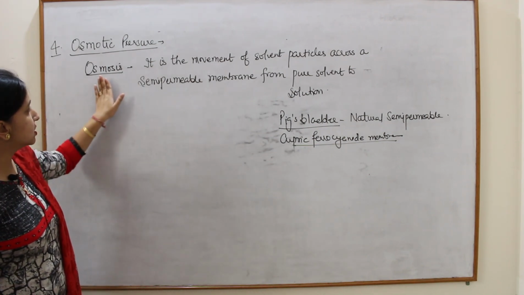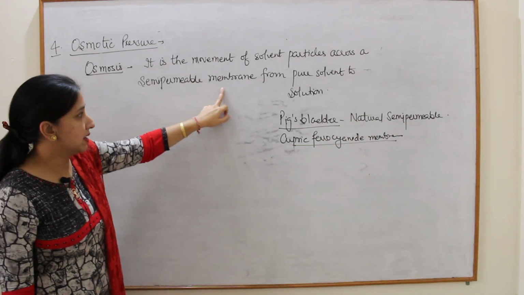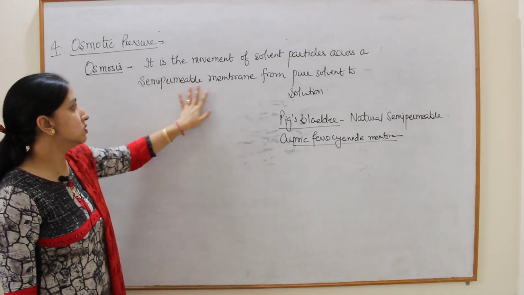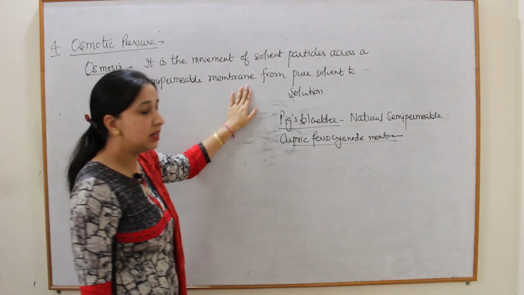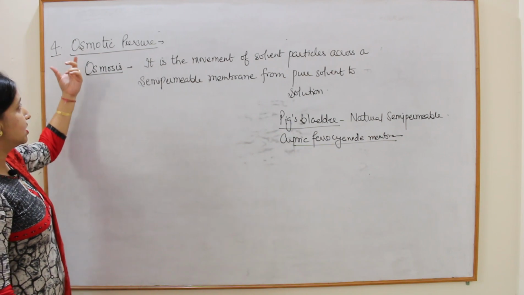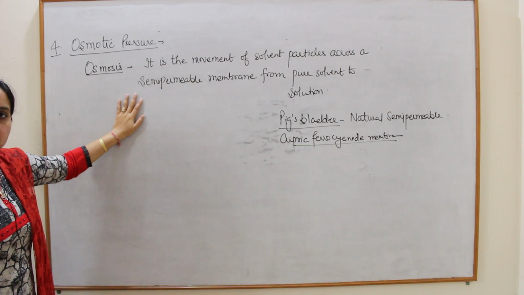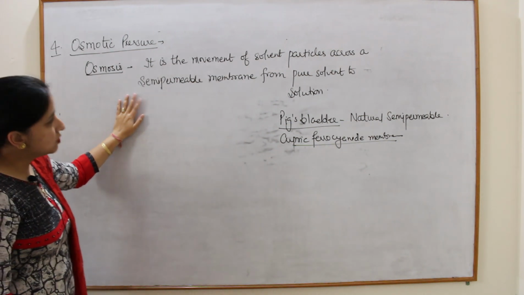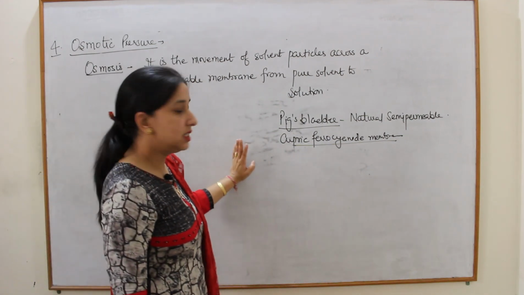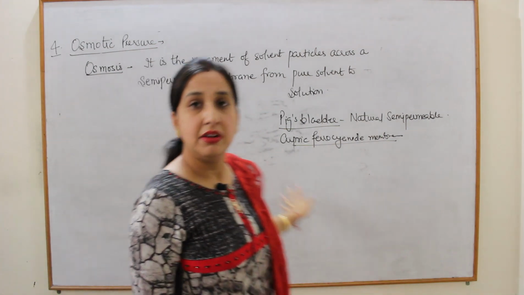Second main difference, osmosis always requires a semi-permeable membrane, but in case of diffusion there is no such requirement, means no semi-permeable membrane is required in case of diffusion. Third main difference, osmotic pressure is applied only for the liquid solution, but diffusion can be applied to gases as well as liquid. So these are three main differences between osmosis and diffusion.